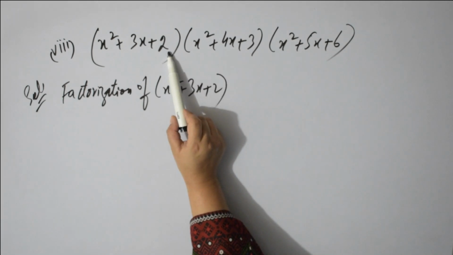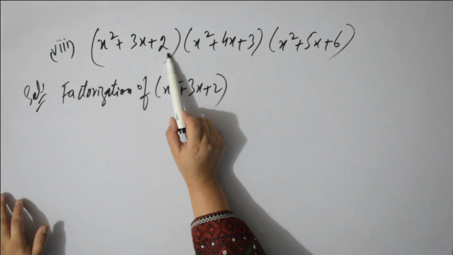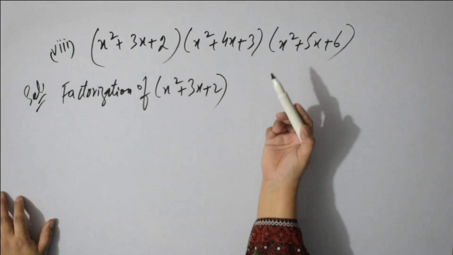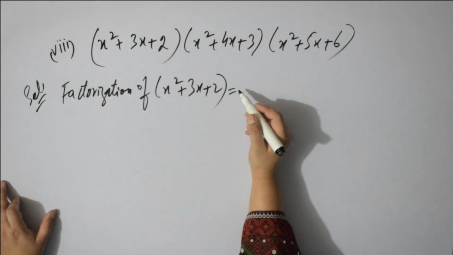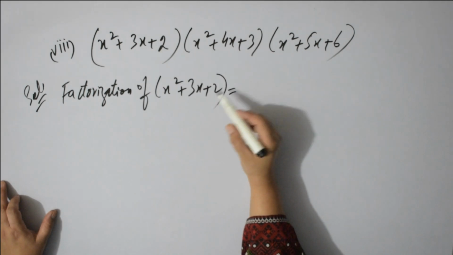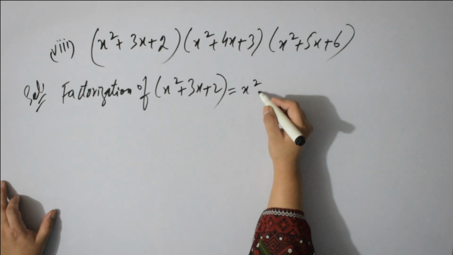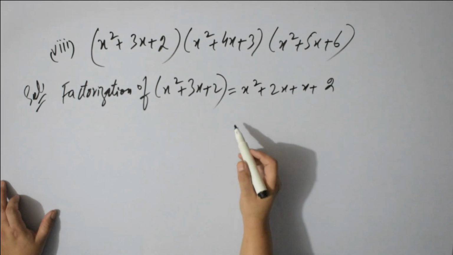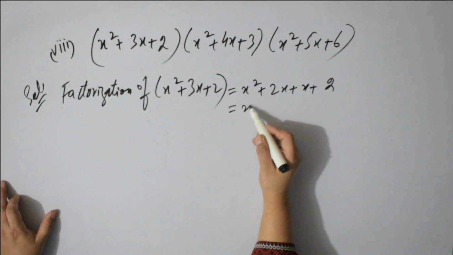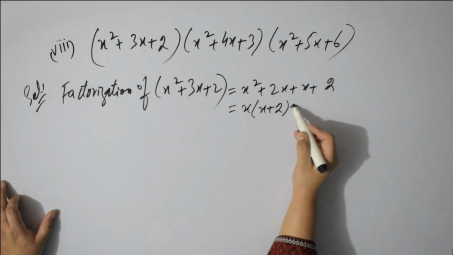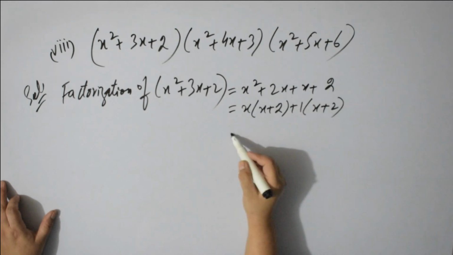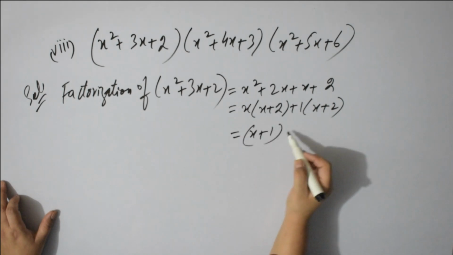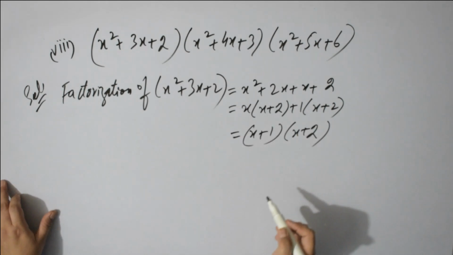If instead of 2, 4 is present, then yes, you can do it by the closing formula. Middle term breaking is very easy: x^2 plus 2x plus x plus 2. So x is common, x plus 2 into x plus 1, right?